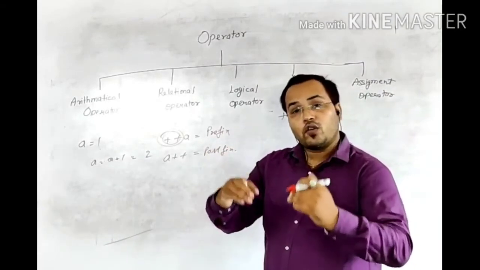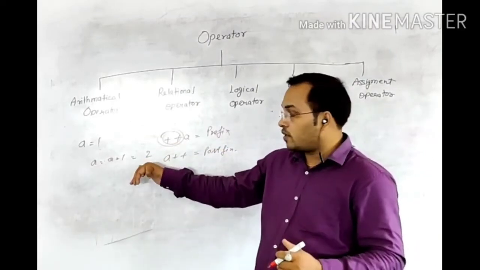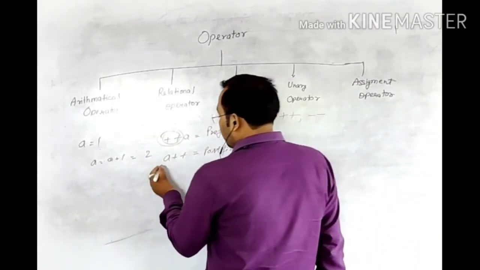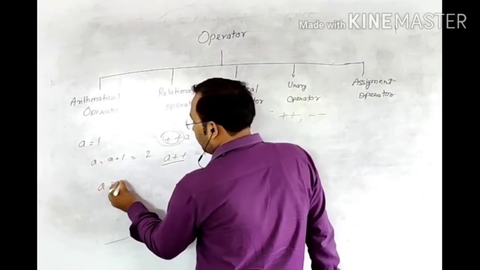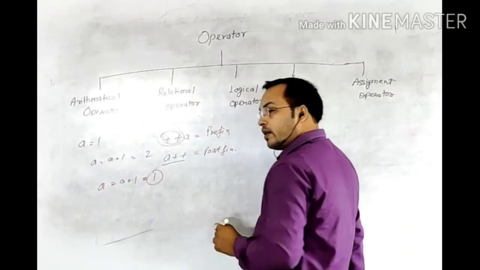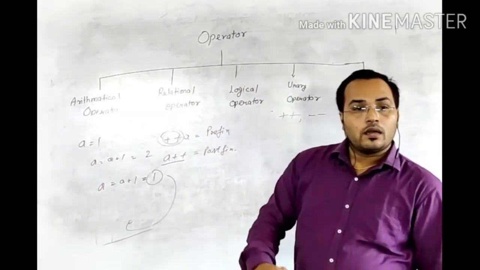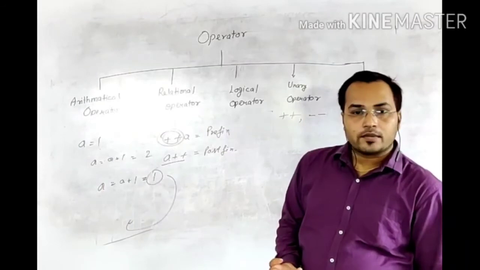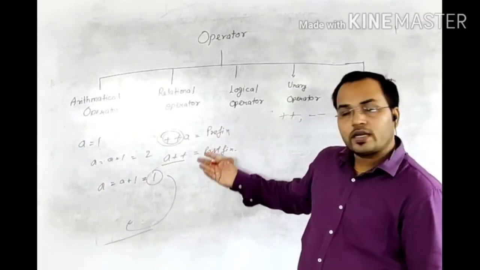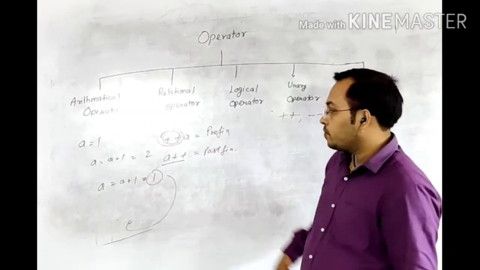First of all you have to increase, then use the value. But if it is postfix, the value remains 1 and after one execution the value will be added. So keep in mind, you will be more clear when you do some exercises on it.